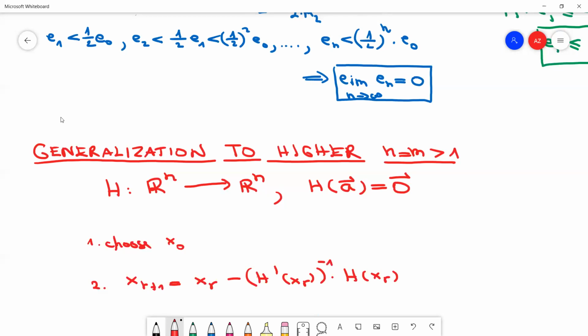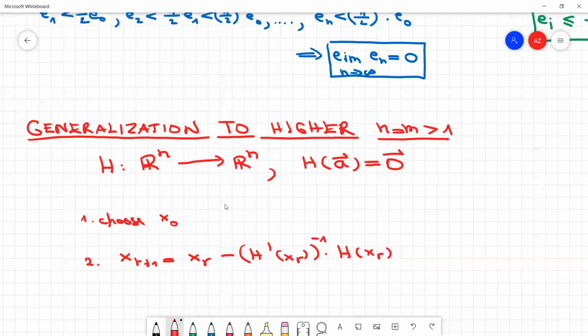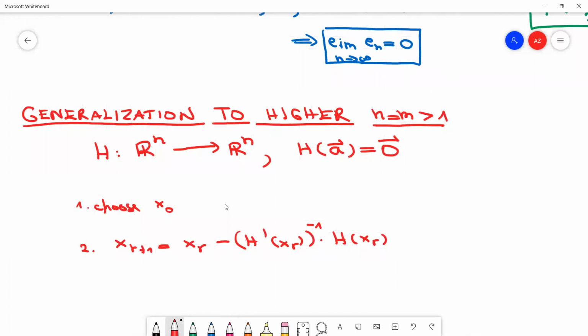And here we have an inverse because h derivative was in the denominator. This was for the one-variable case.